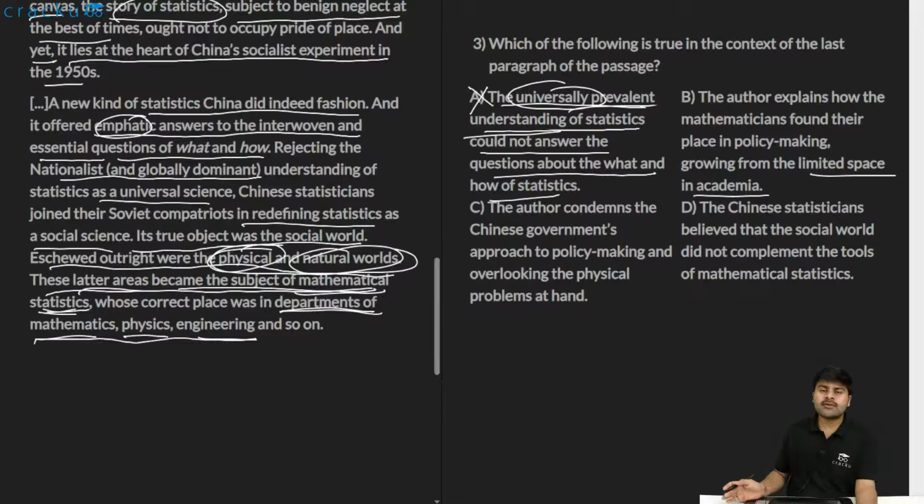All he says is that mathematical statistics became a part of this natural and physical science, right? Became a part of science, while the normal statistics became a part of social science.